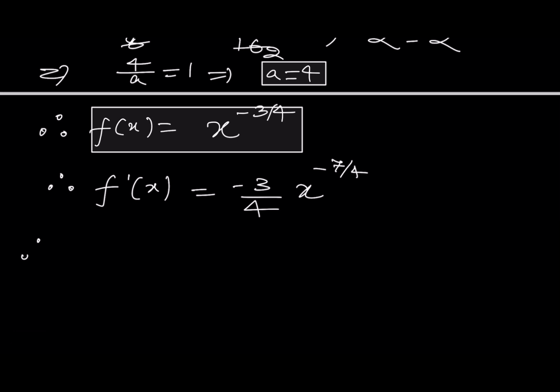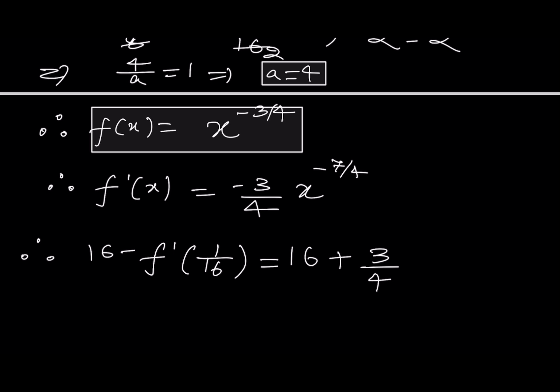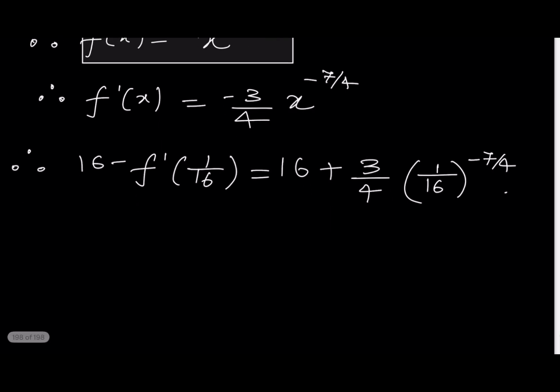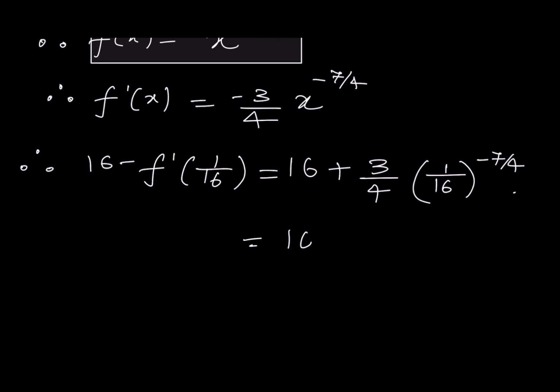So therefore what I need is 16 minus f dash 1 by 16, and which is 16 minus, minus 3 by 4 into 1 by 16 whole to the power minus 7 by 4, right? So this will be 16 plus 3 by 4 into 16 to the power 7 by 4, right?